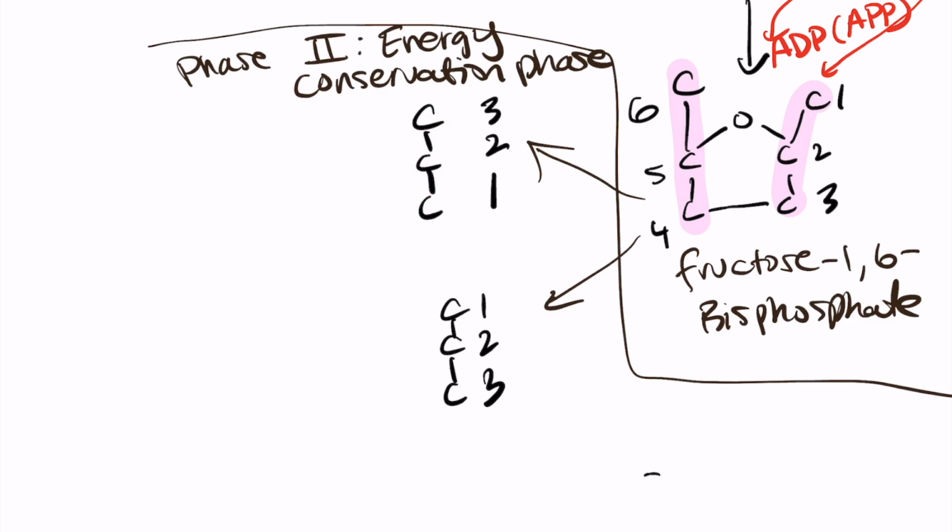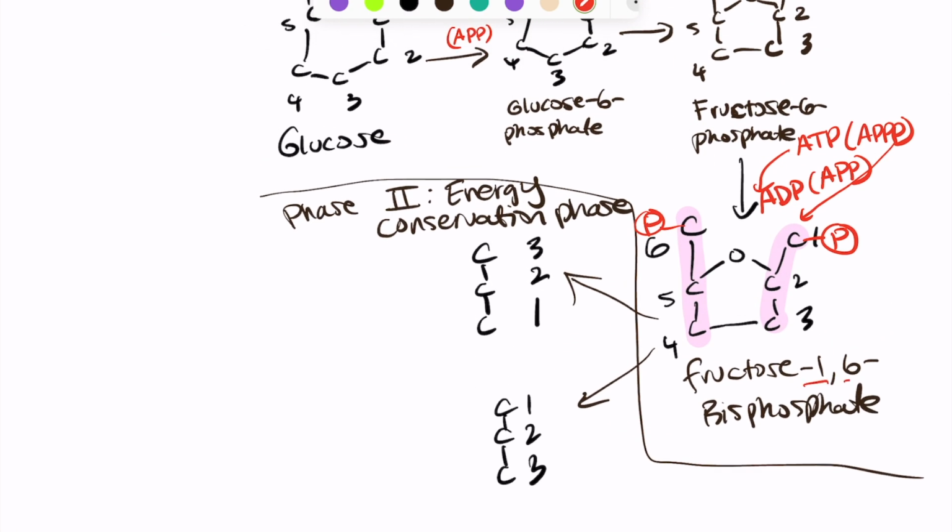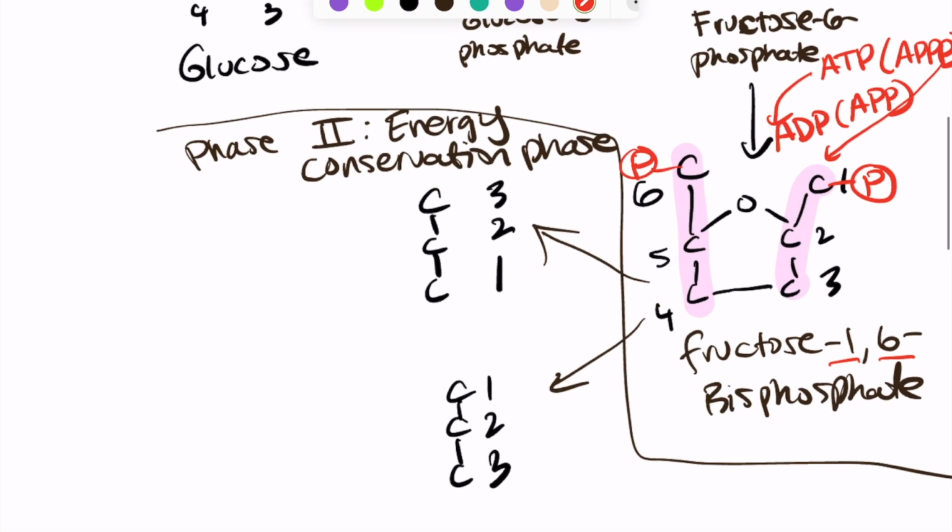Okay, so now when we do that, we have to keep the phosphates that we already had before right here. We had a phosphate here. We had a phosphate over here on carbon number 6. That's why it's fructose 1,6-bisphosphate.